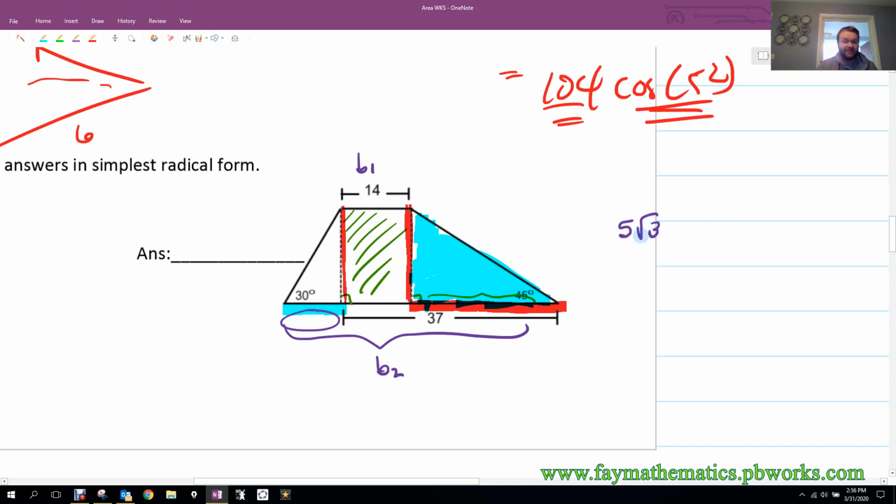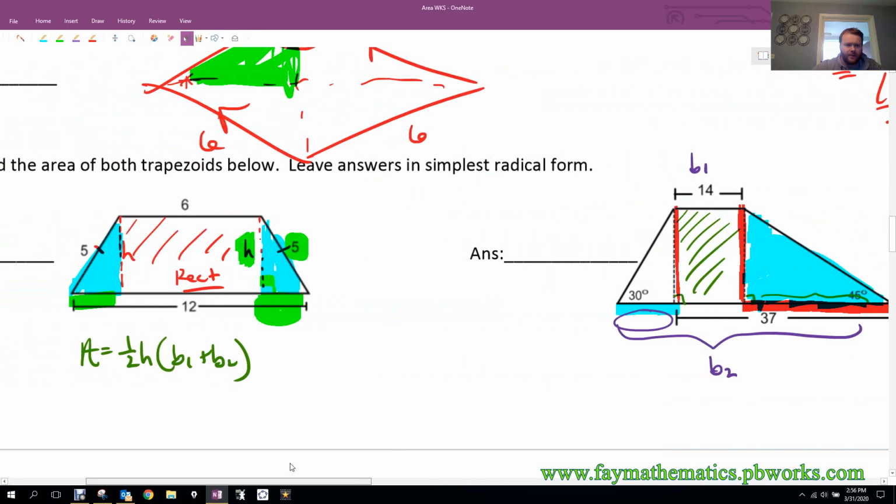It's probably not, but let's say that's what that distance right there is. And then I want that 37. That distance right there, I cannot combine those to one solid value. That's irrational, and this is rational, so we leave it alone. So that should help you with how you've got to leave your answer in simplest radical form.